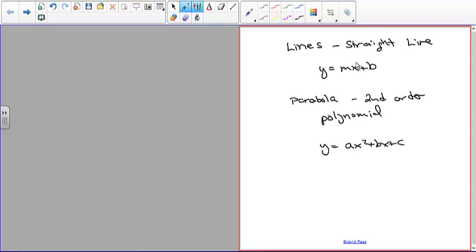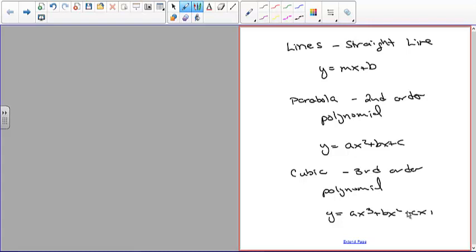So it's got an exponent of 2 instead of 1. Then you've got what we might call a cubic, or a third-order polynomial, and what you have is y equals ax cubed plus bx squared plus cx plus d.